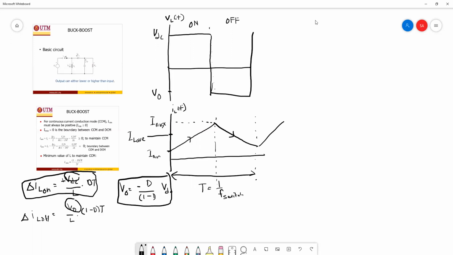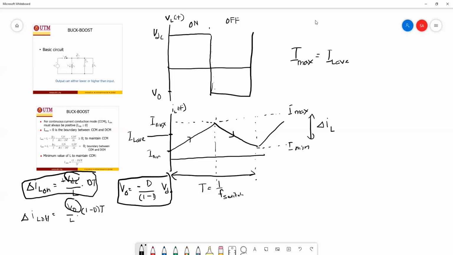To calculate your Imax, you can just use IL average. I would also like to remind you that the difference between Imax and I min is equal to delta IL.